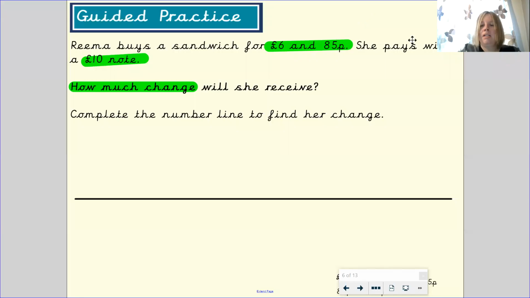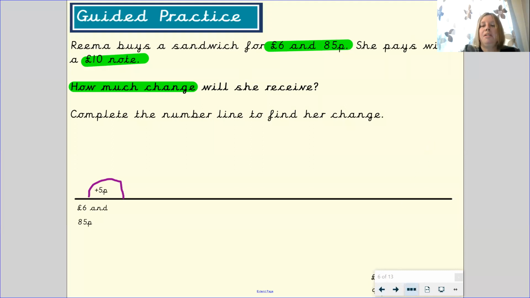Pause your video. So the first thing we need to do is look and see which numbers come first on our number line. So our £6.85 would come at the beginning of our number line. If I add 5p to £6.85, how much money would I have?